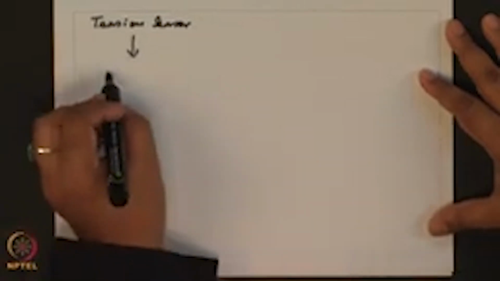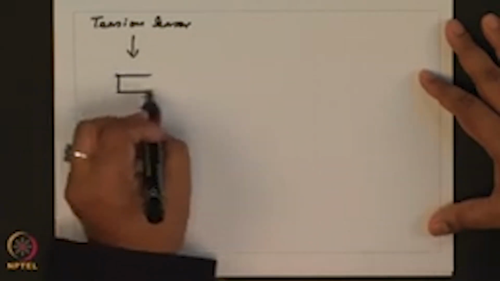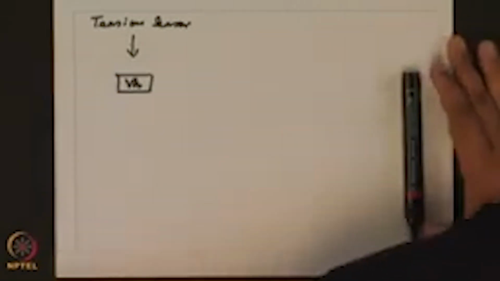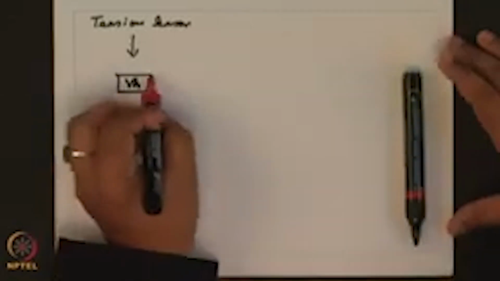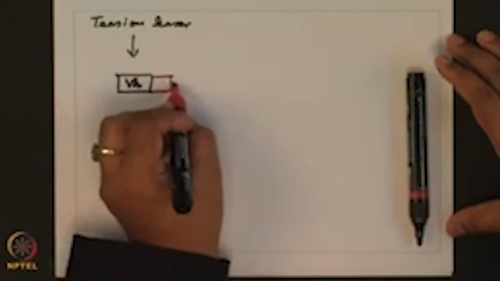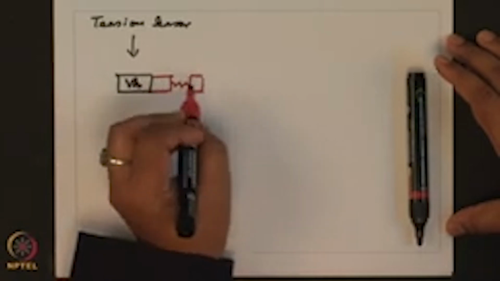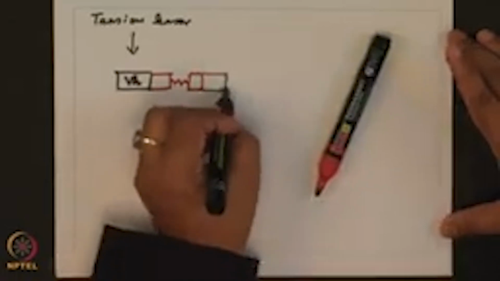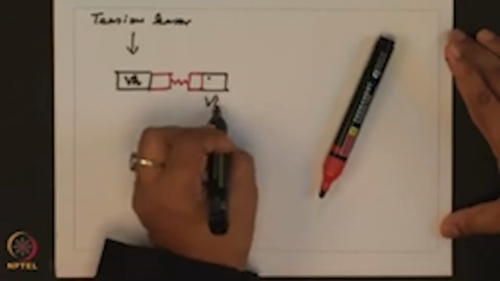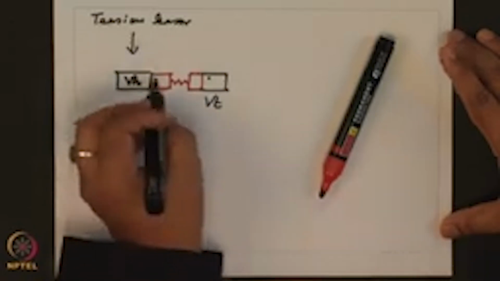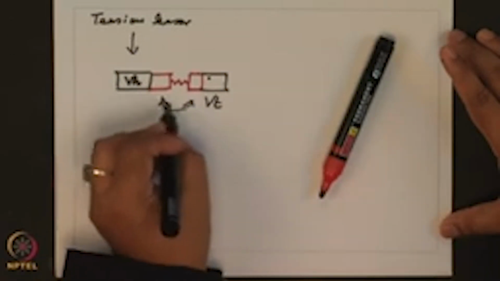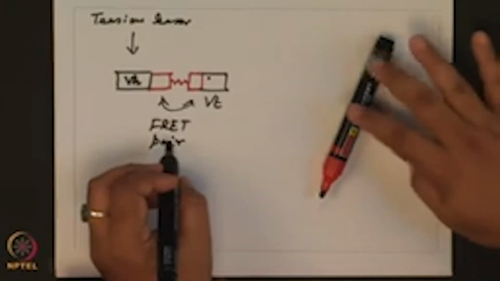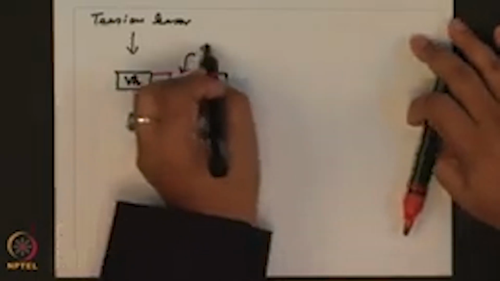So, what they did, you have the tail domain of vinculin, the head domain of vinculin, and a FRET pair, linked using an elastic linker.